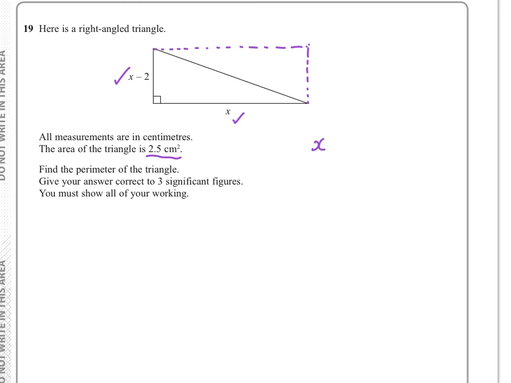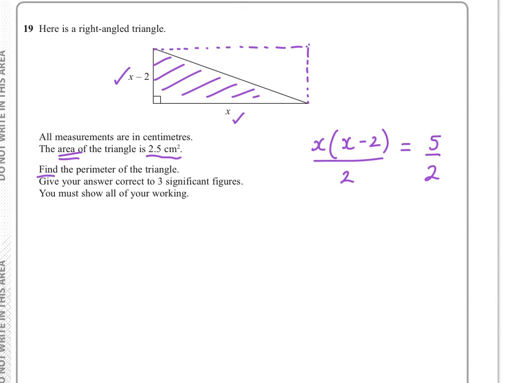The area would be x times x minus 2, but we only want this part, so we divide it by 2. And it tells us this area is 2.5 centimetre squares. And if you're okay with this, I'd rather call it a fraction 5 over 2. So that's the first thing.